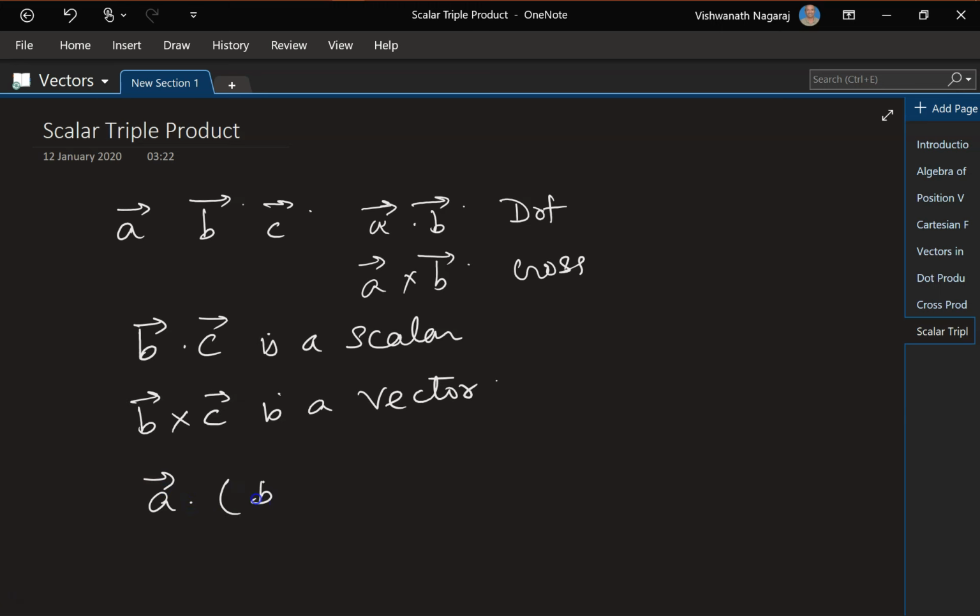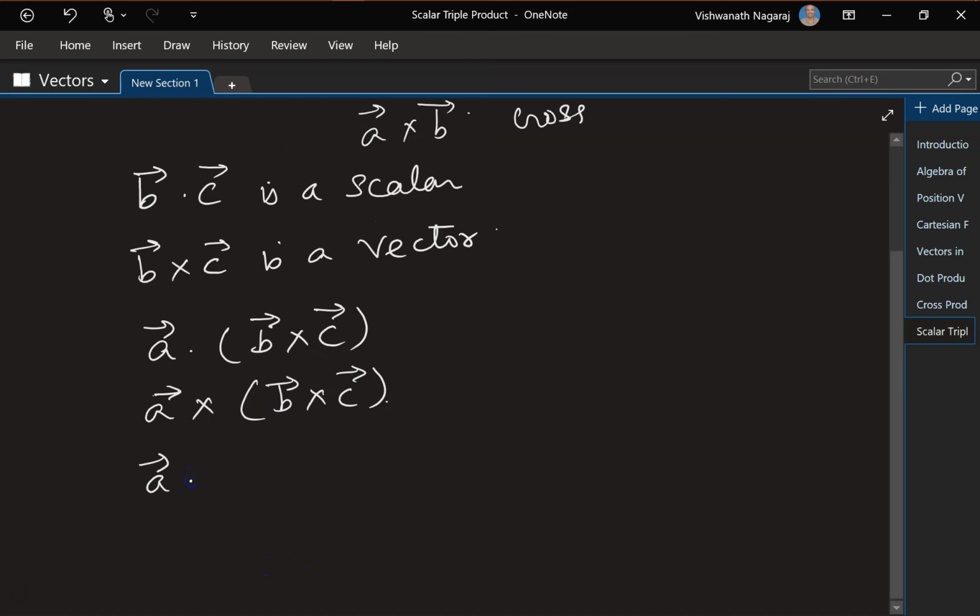A dot B cross C, A cross B cross C, A dot B dot C, and A cross B dot C. Now if you look, this is a scalar.